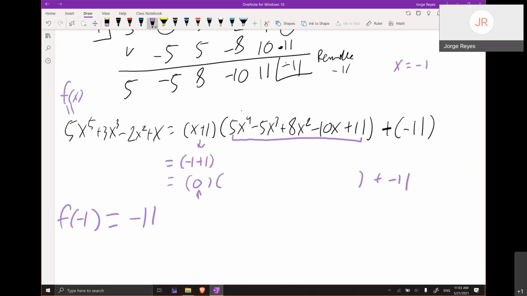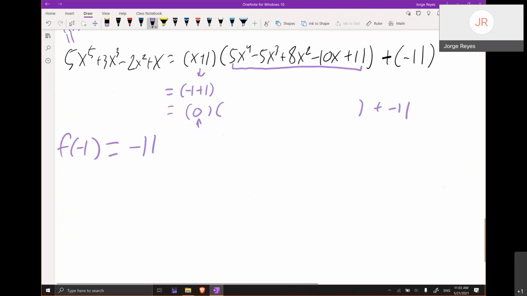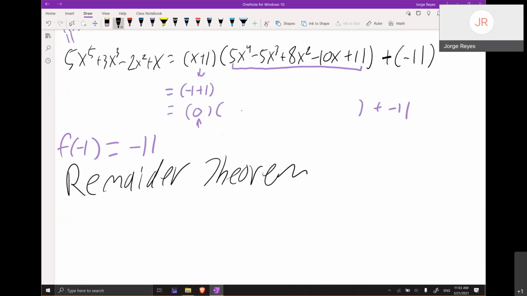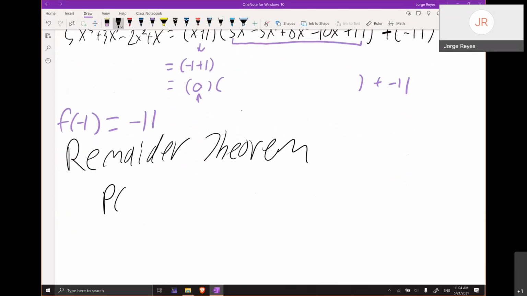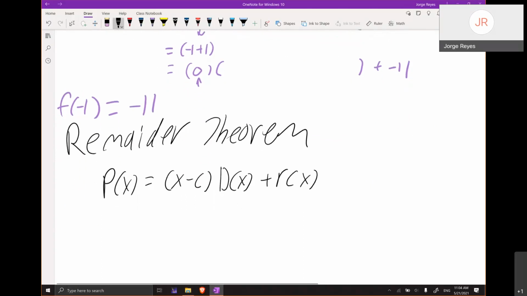So this fancy fact, this useful thing, is actually called the remainder theorem. The remainder theorem is basically: if you have a polynomial and you divide by x minus c, and you plug in the c, you get c minus c, which is 0.